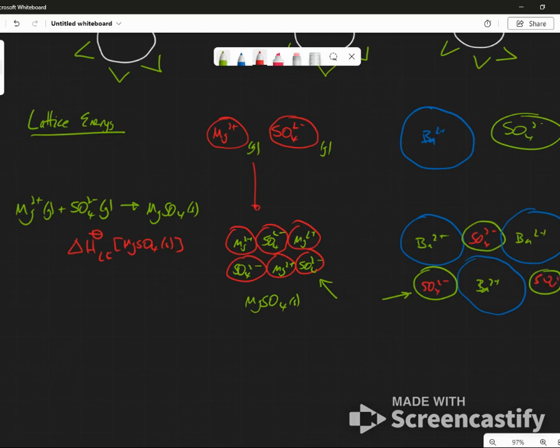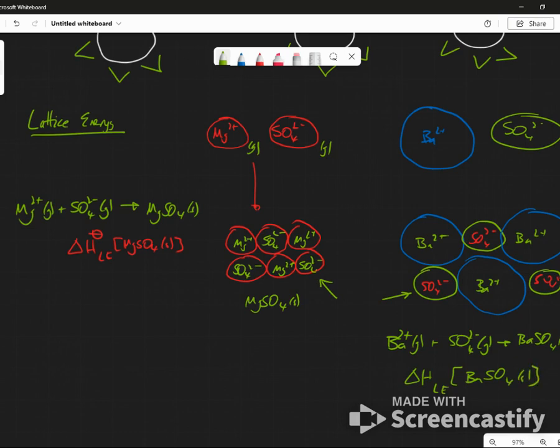Now, let's have a look at the lattice energy for this. Well, this is a similar equation. Ba2+ gas plus SO4 2- gas gives BaSO4 solid. Now, this will have a delta H lattice energy of barium sulfate solid.